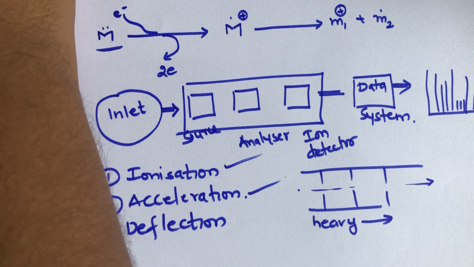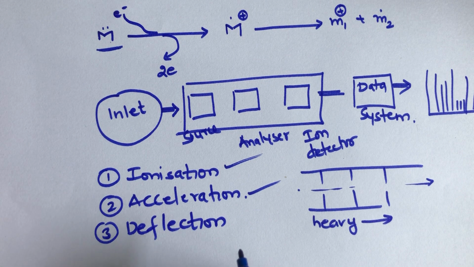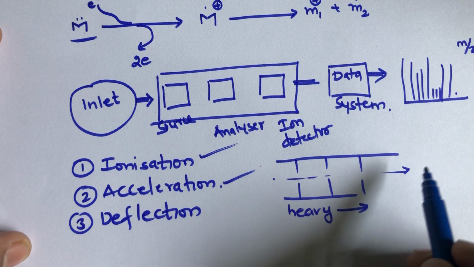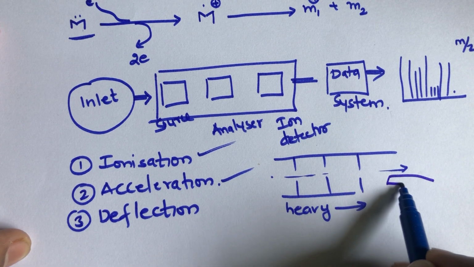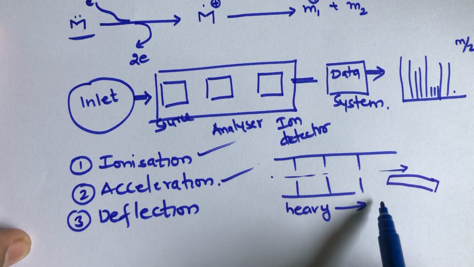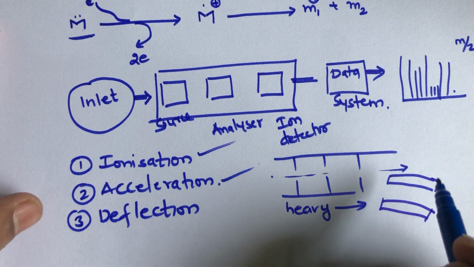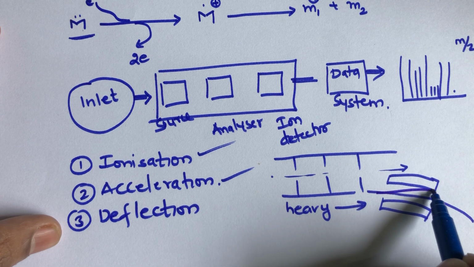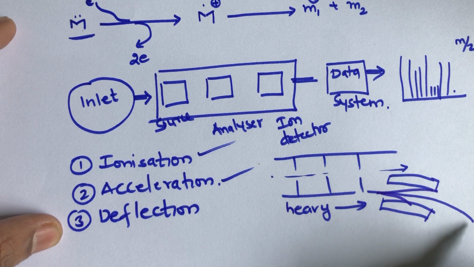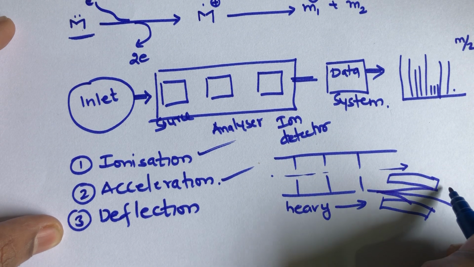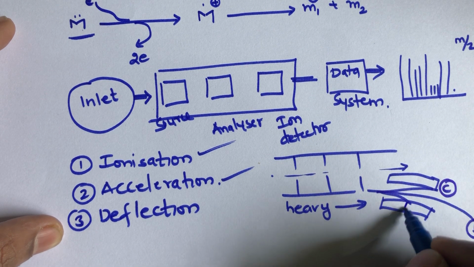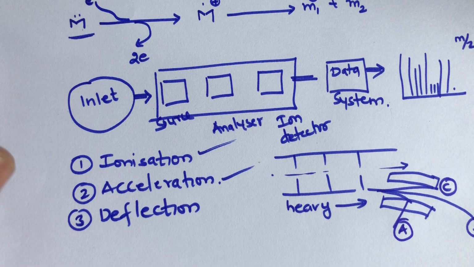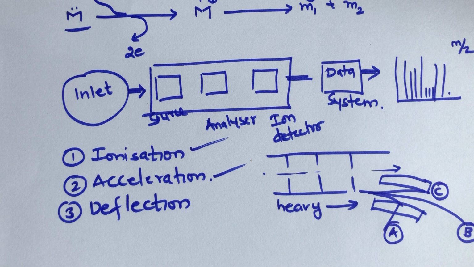So we have different ion streams: ion stream C, ion stream A and ion stream B. For example, think that these are the magnets. This is ion stream B. Ion stream C, ion stream B, as well as ion stream A. What is this ion stream C?